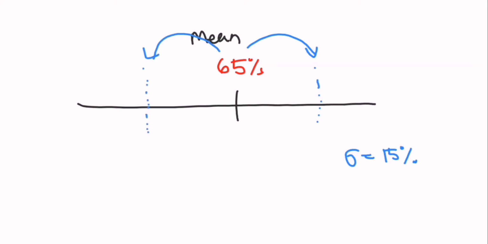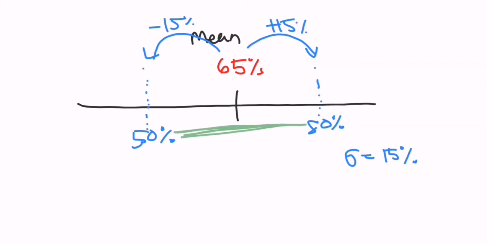One standard deviation to the right would be if we add 15, which takes us up to 80%. And one standard deviation to the left would be if we minus 15%, and that takes us to 50%. So one standard deviation within the mean would be between 50% and 80%.